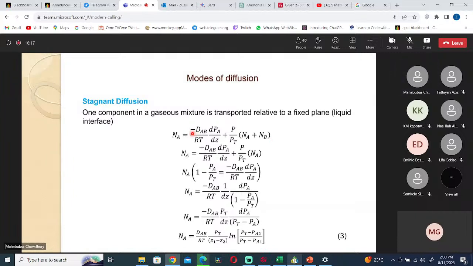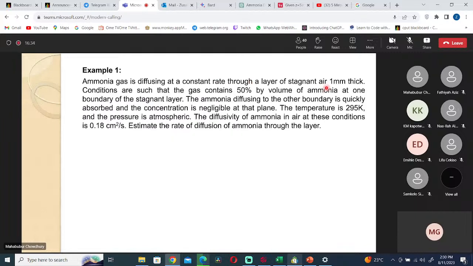Conditions are such that the gas contains 50% by volume of ammonia at one boundary of the stagnant layer. The ammonia diffusing to the other boundary is quickly absorbed and the concentration is negligible at that plane.